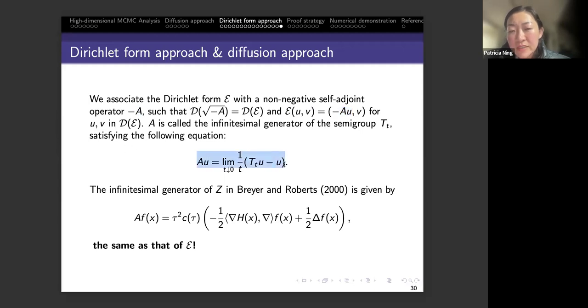So this equation is the infinitesimal generator of the self-adjoint operator in the diffusion setting. This corresponds to the infinitesimal generator of Z, as we mentioned earlier, of the infinite dimensional Langevin diffusion, which is given here. So from that, we can see this Dirichlet form in the infinite dimensional case is exactly the same as the infinite dimensional Langevin diffusion. It's the same thing.